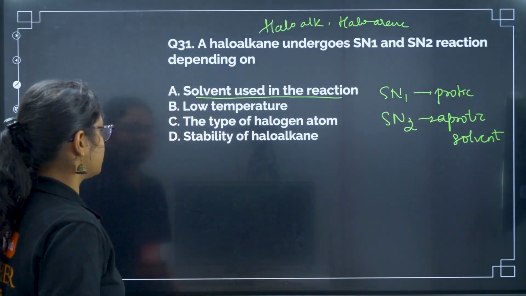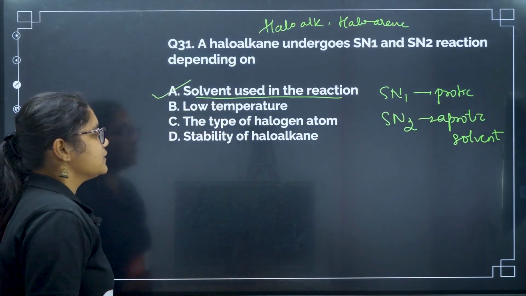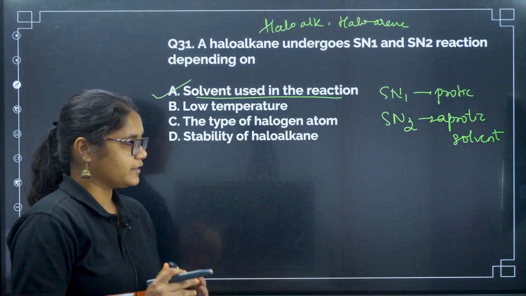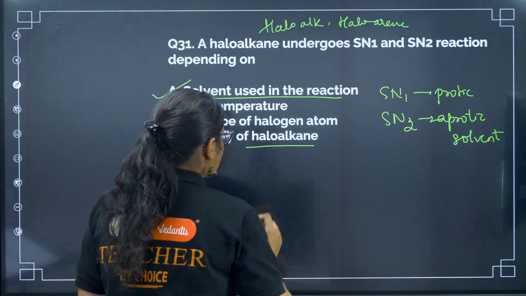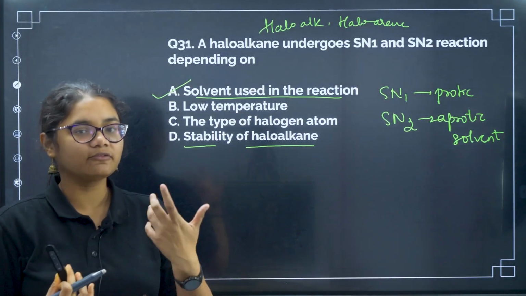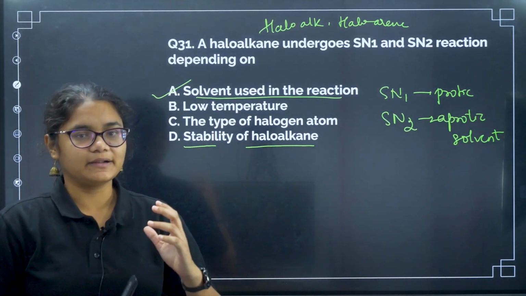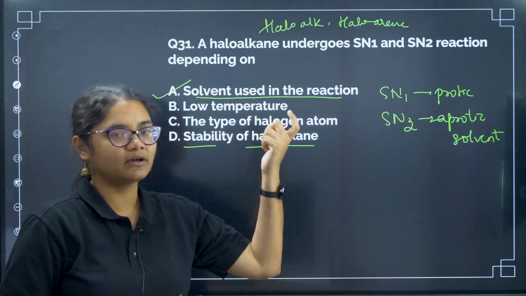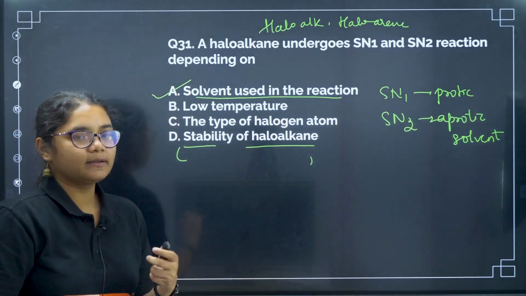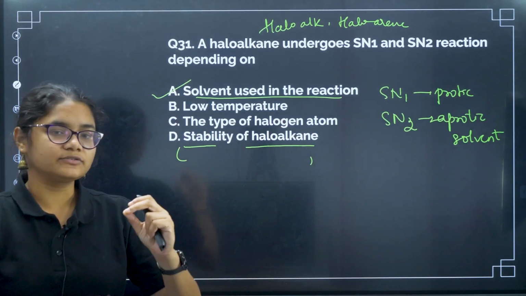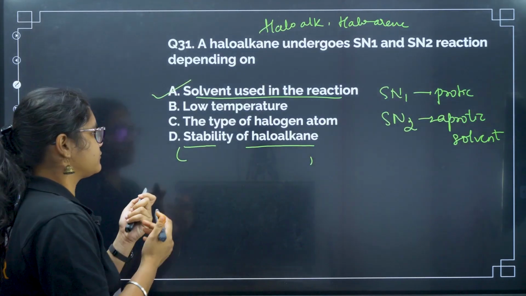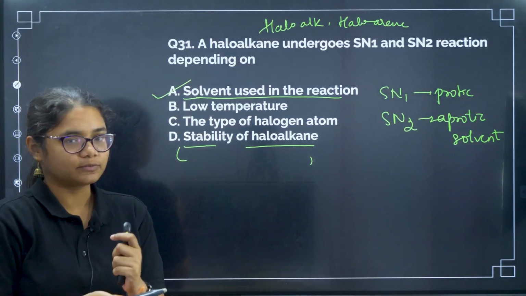So the correct answer for this question is option number A. Low temperature has nothing much to do, and the type of halogen atom is not there. Stability of haloalkane: actually, the stability of the carbocation formed in the compound depends on the rate of reaction, whether it will be SN1 or SN2. So in that case, if you study the stability of carbocation, then D can also be a probable answer for this question. Let us see what the answer key releases. For now the answer which we recommend is option number A.